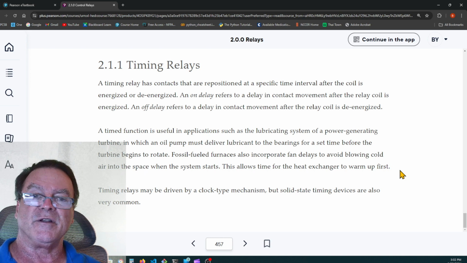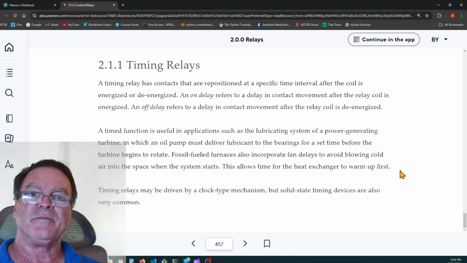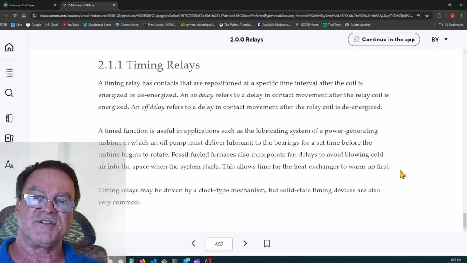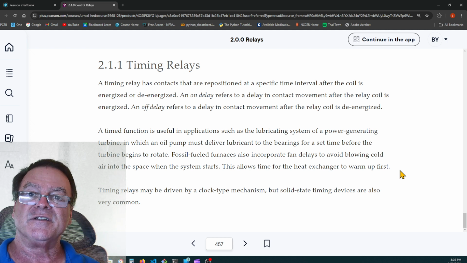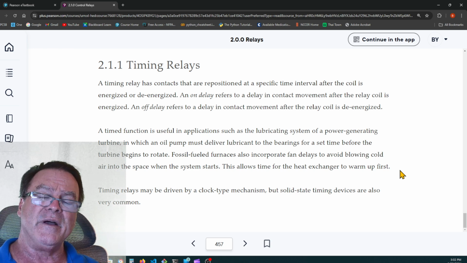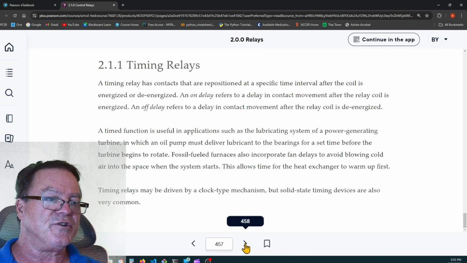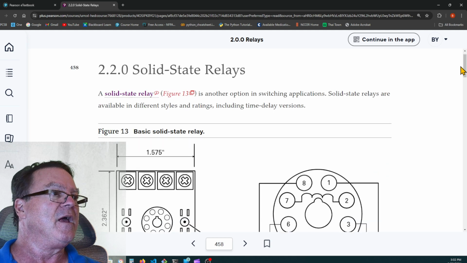When you push the start button, you're going to burn the motor up trying to move that much weight. So what they'll do is they'll put a delay on de-energize on the conveyor so that when you push the stop button, the conveyor continues to operate for 30 seconds and it dumps all of that product off of the belt before it comes to a stop. So these are just ways that you can use timing relays.